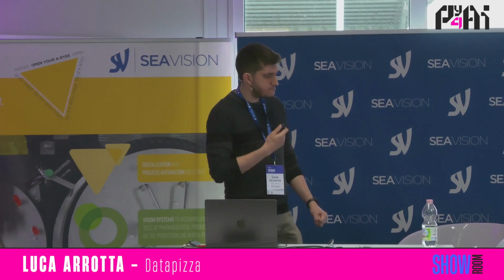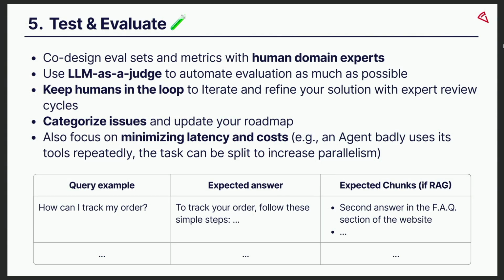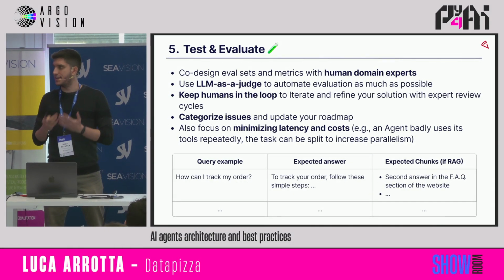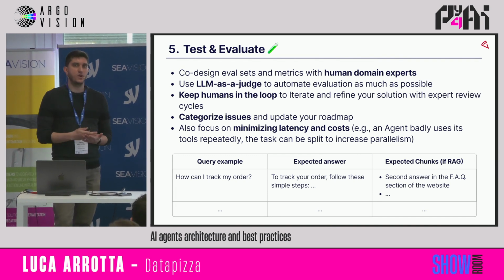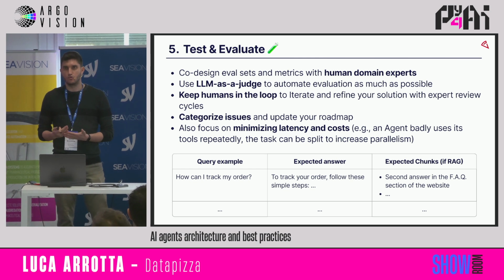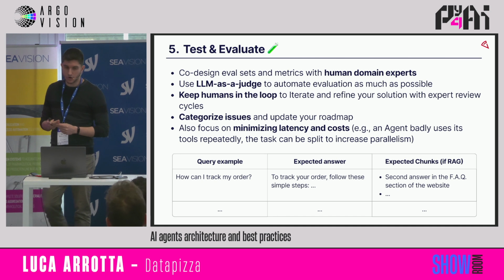About evaluation, this is typically the hardest part of a Gen AI project. From the beginning, you should focus on designing, with the human domain expert, an evaluation dataset and some evaluation metrics to understand how well your solution is going.